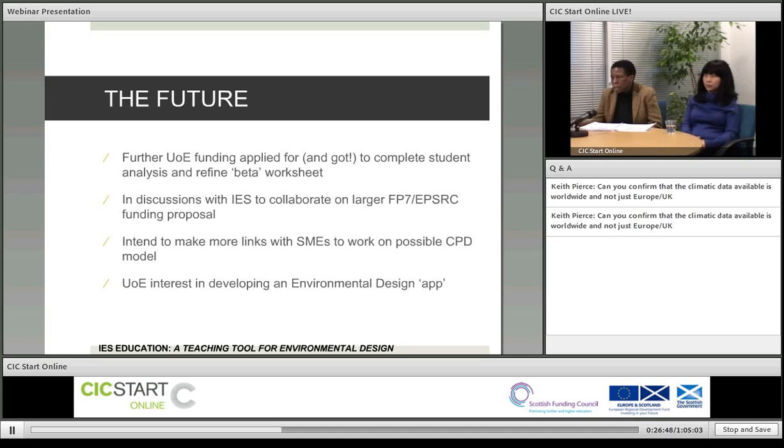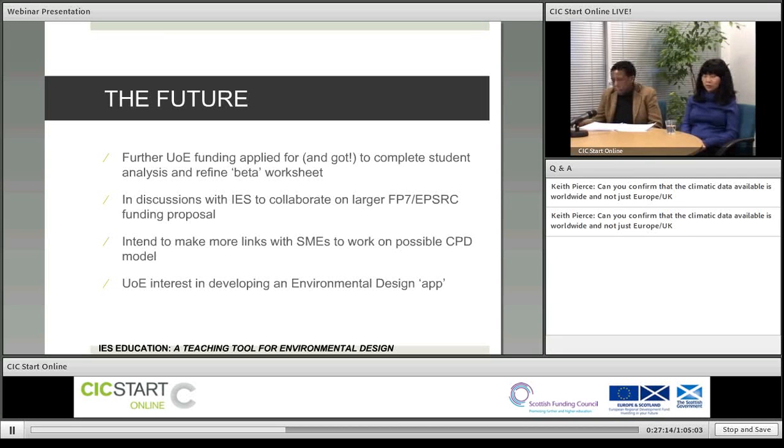But to bridge that, I've just been in receipt of a further fund from the University of Edinburgh to continue with the parts we haven't completed, so the student analysis, and to finalize the beta program. We've got to get one final version which is ready to go. So that needs developing in the next 3 to 4 months.